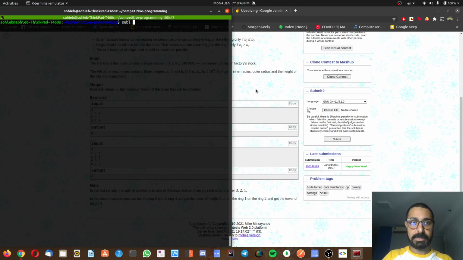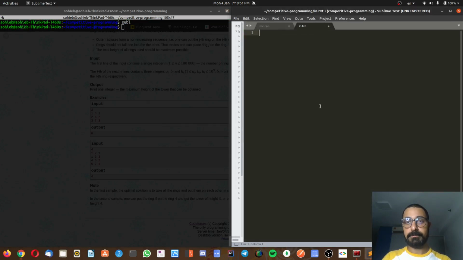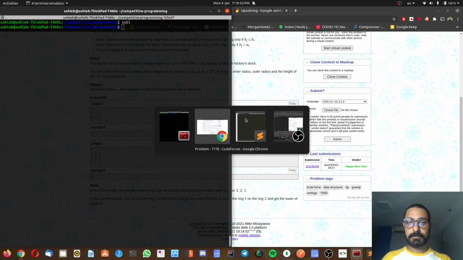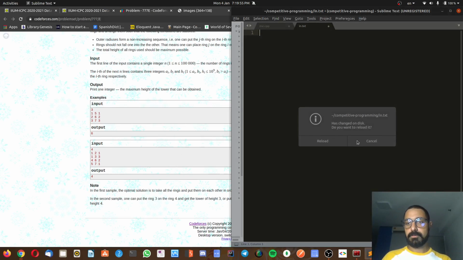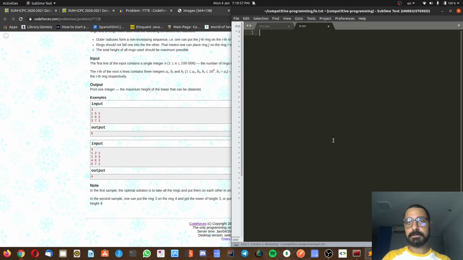We can have a dynamic programming that represents the maximum height ending in ring I. So from the beginning until ring I, what is the maximum height I can achieve, given that ring I is the one on the top?